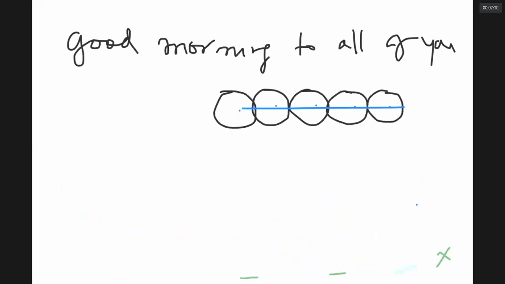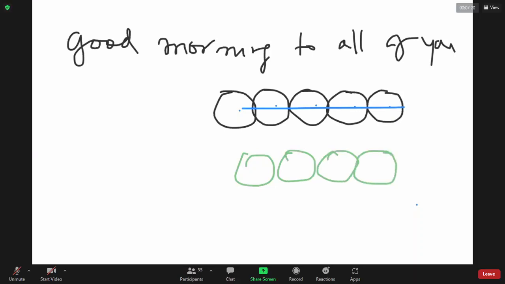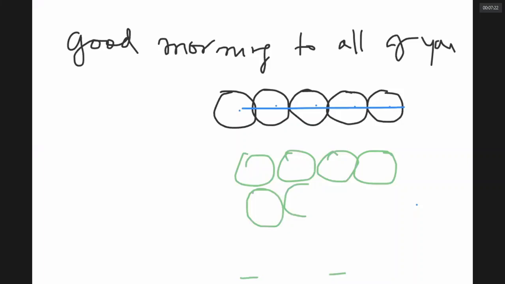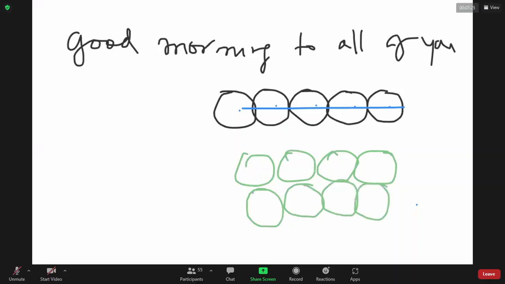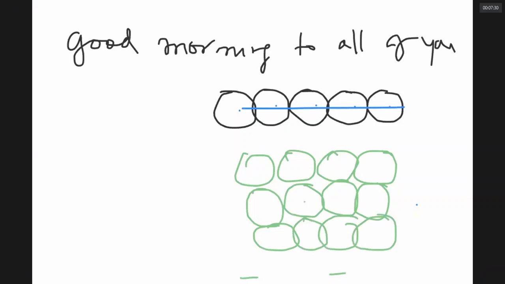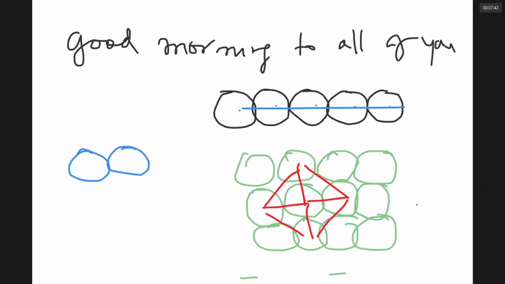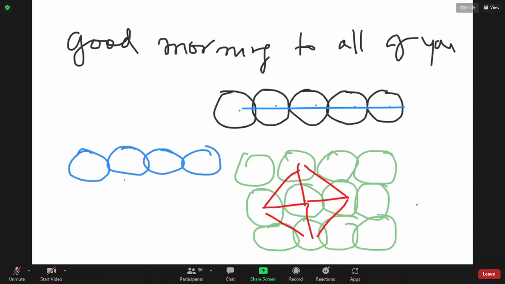I am drawing these two once for you to get clarity. This is the row of spheres. I am placing the second row of spheres just below them. In this case, each sphere is in contact with 1, 2, 3, 4. It is square close packing. Now let us see the other variant. The first row of spheres is there. The second row is sitting in the gap here.